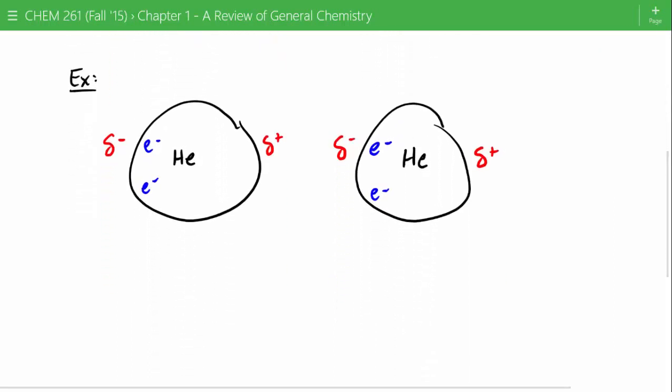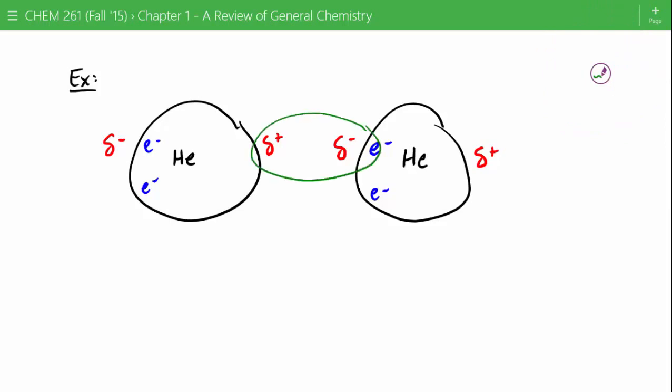Can you guys see where the attraction is occurring? Yeah, this electron-rich side of the helium atom on the right side is really attracted to the electron-deficient side of the left-hand helium. So we get this interaction occurring, an attraction between atoms.